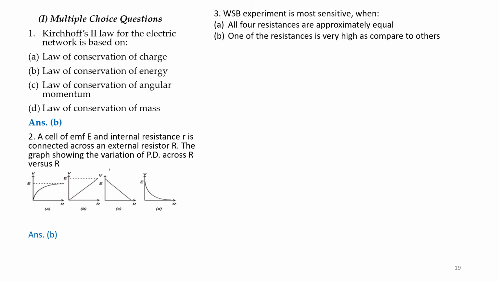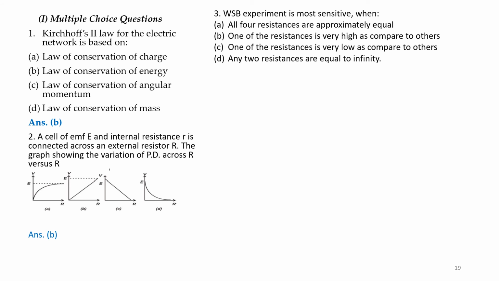Question number 4. In Wheatstone bridge, all four arms have equal resistance R. If the resistance of the galvanometer arm is also R, then the equivalent resistance of the combination is: option A R, option B 2R, option C R by 2 and option D R by 4.